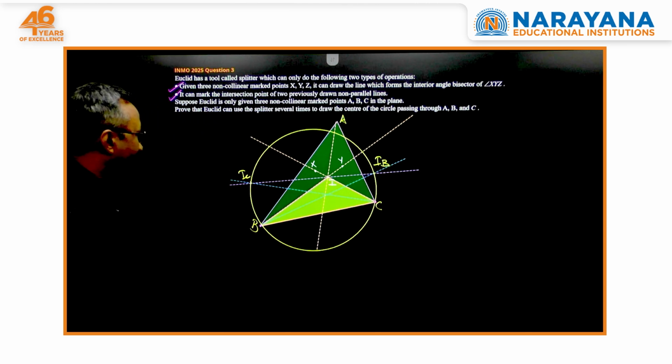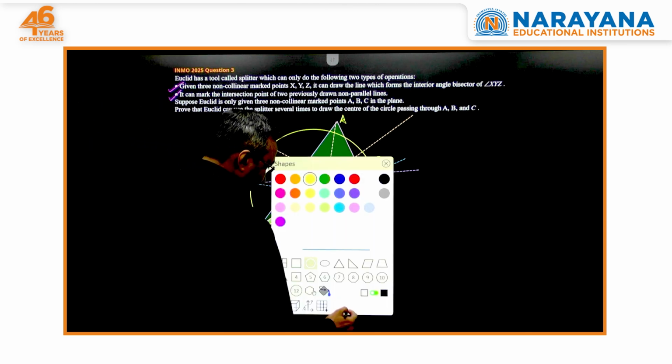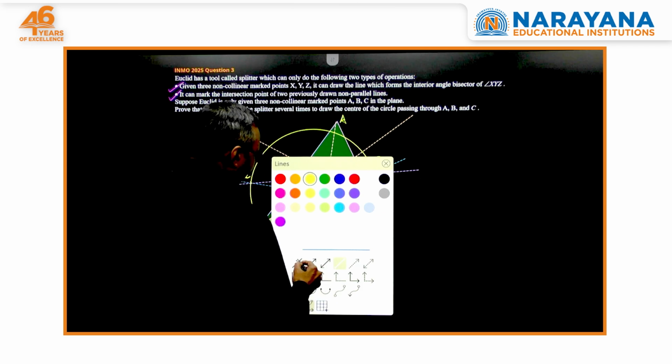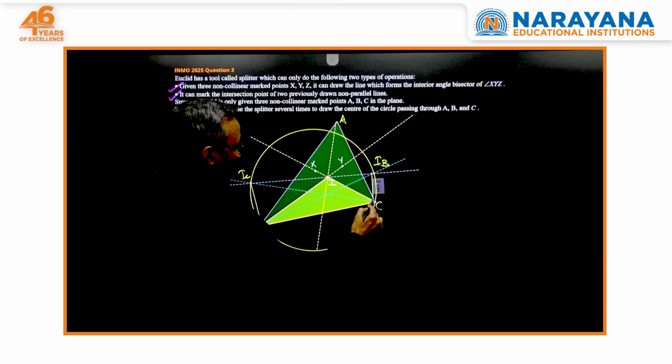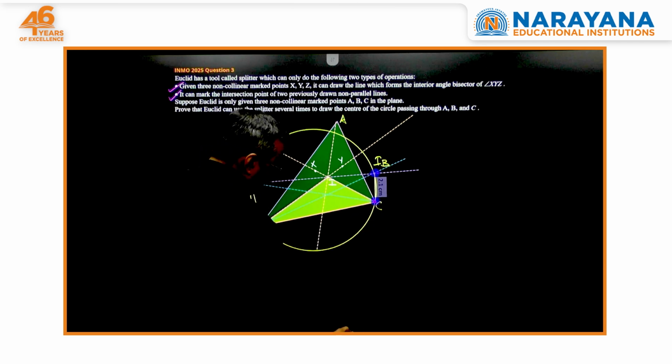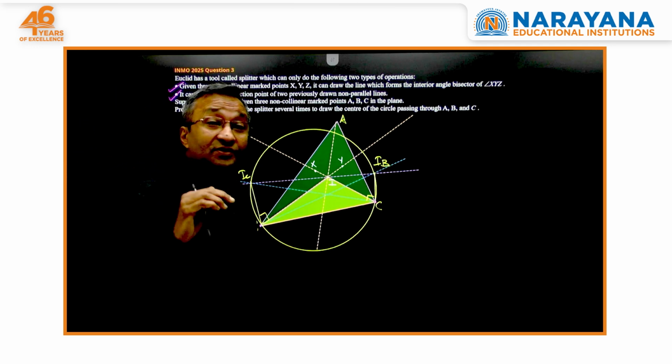What we do is, we see that there are two right angles, one when I join IC with B and one when I join IB with C. So I have two right angles, because for sure this is the diameter. So this angle is 90 and this angle is 90. I intend to draw the angle bisector of these right angles.